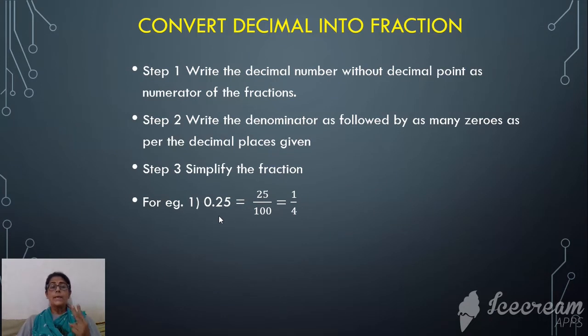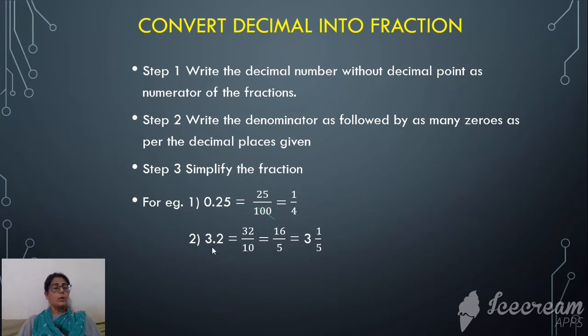So we have to place here 100. So 25 upon 100. And by cancelling this, 25 ones are 25 and 25 fours are 100. So what will we get by simplifying? 1 upon 4.